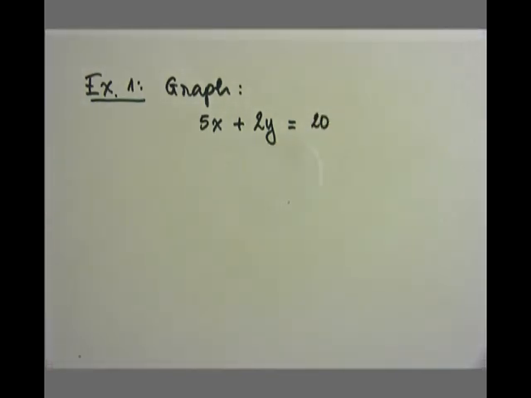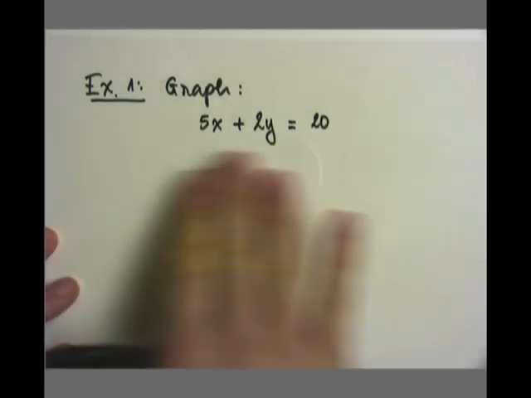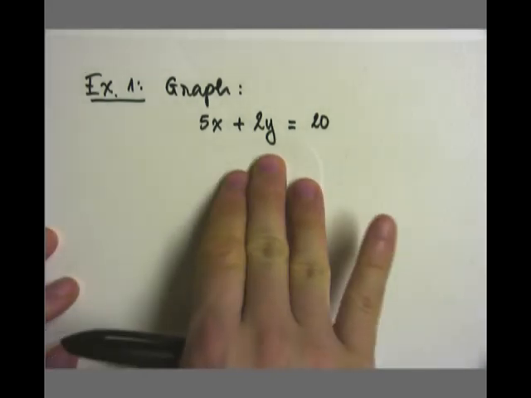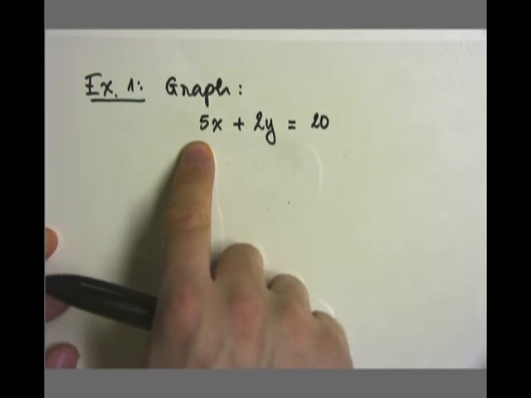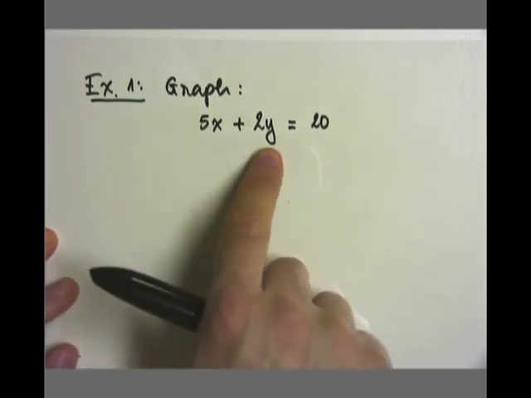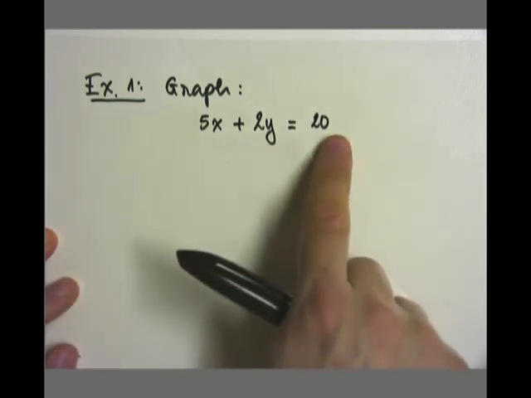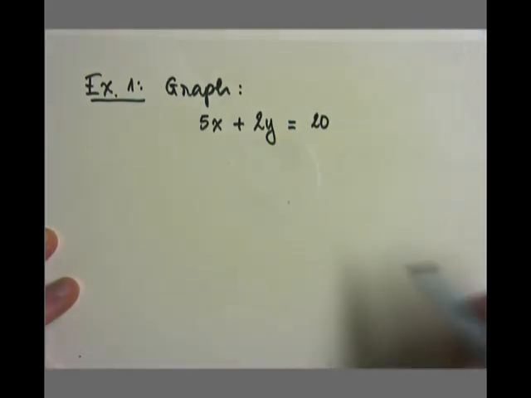Okay, and so this equation here is a linear equation. The coefficient A is 5, the coefficient B is 2, and the coefficient C is 20.